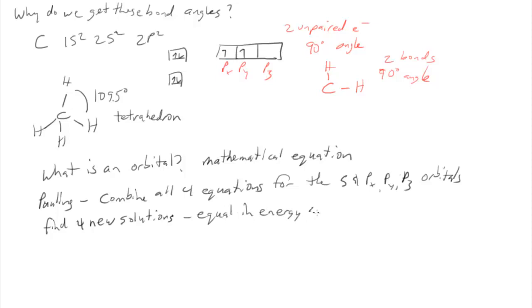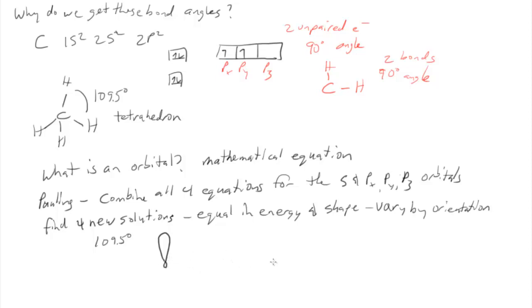Same shape, and they only vary by their orientation in space. Which turns out to be 109.5 degree angles apart from each other. And the shape of each of the orbitals looks sort of like this. They're very directional. Almost all of the lobe is in one direction, with just a small lobe in the opposite direction.